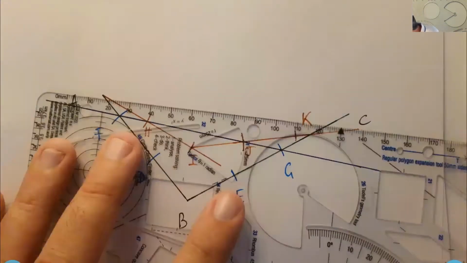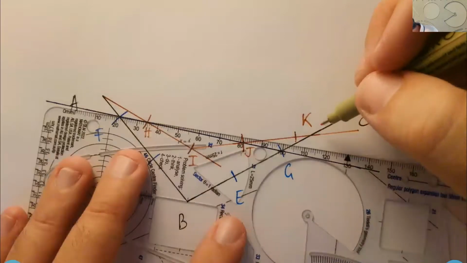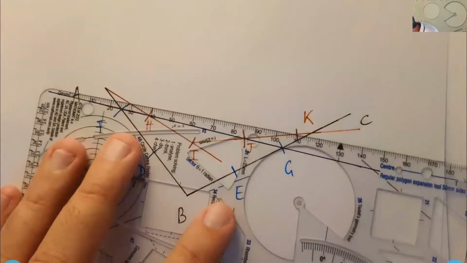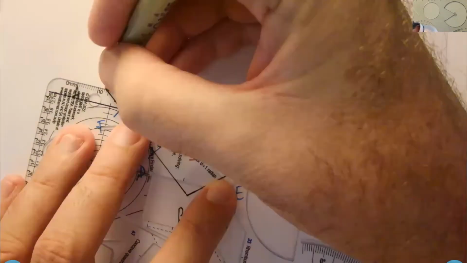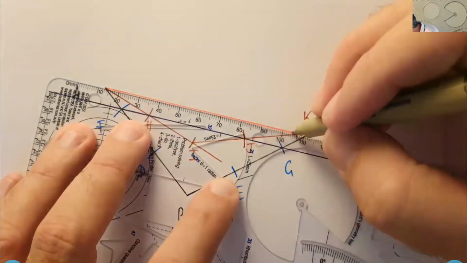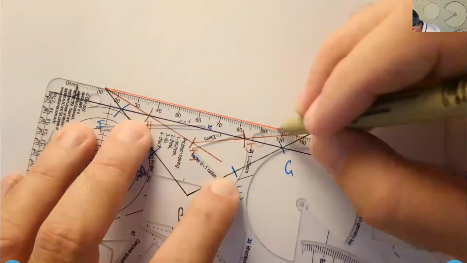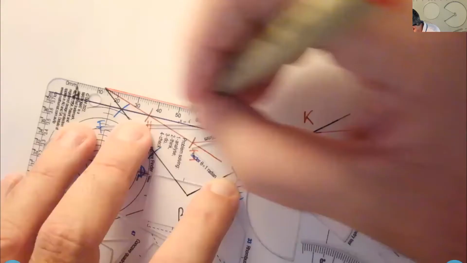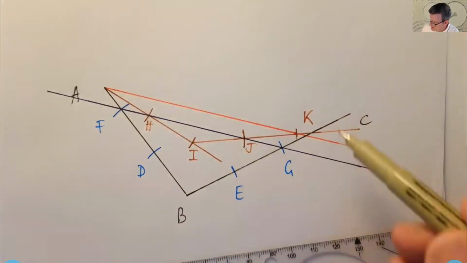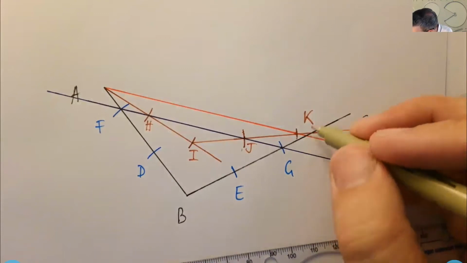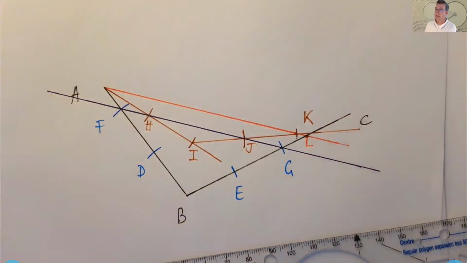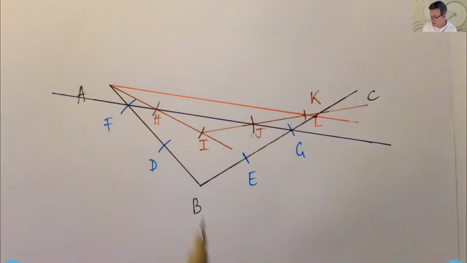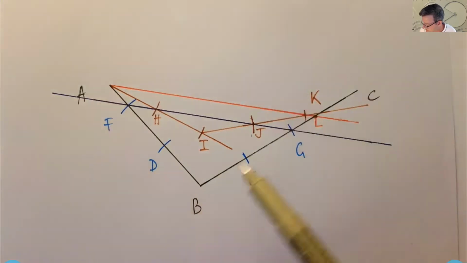Okay, so there's K, there's A. Now, if I extend that, it's going to cut BC at a new point, say L. Let's make that a bit more visible. Now, believe it or not, the distance BA is equal to the distance BL.